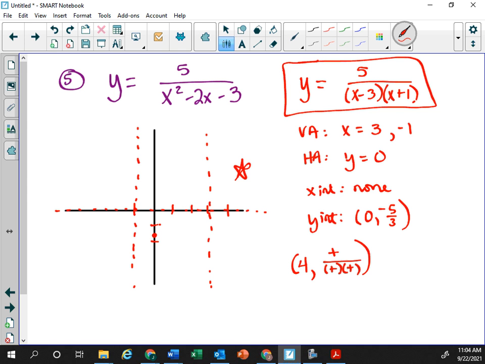Are you with me? Okay. What if I plug in, I don't know, 1, something in the middle here? That's going to be a positive 5. 1 minus 3 would be negative. 1 plus 1 would be positive. So plugging in 1 gets me some value down here.